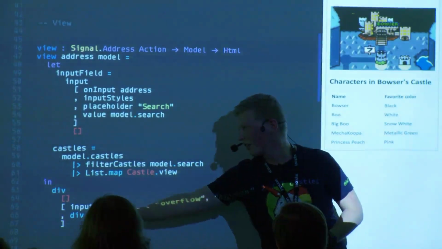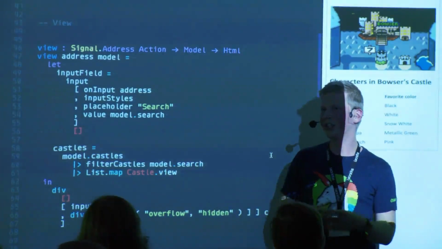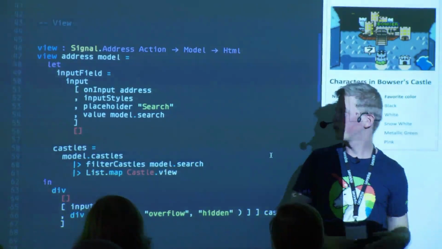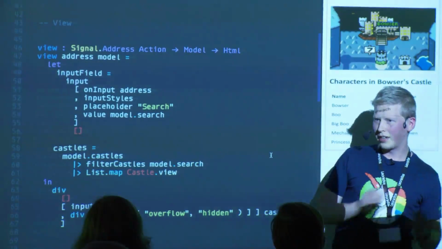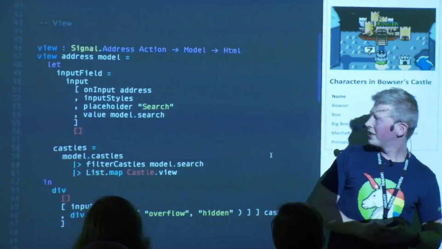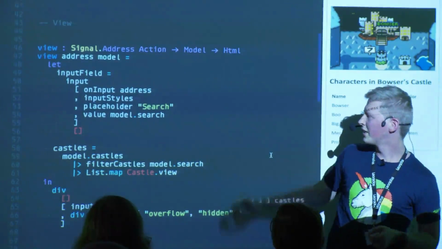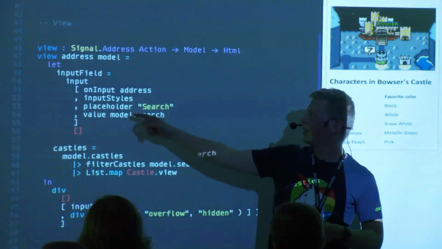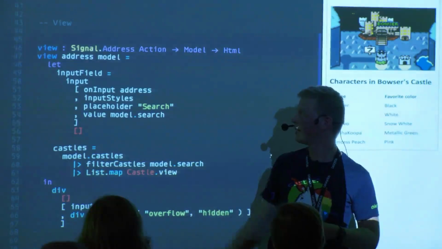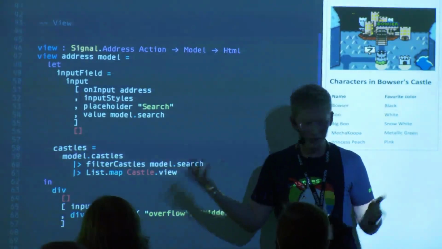And we have another div inside there for a child, so you can build trees with this. But just like in ClojureScript, this is all functions. You can compose them as you want. So I have this input field as a function here. I could parameterize it and just use the function.